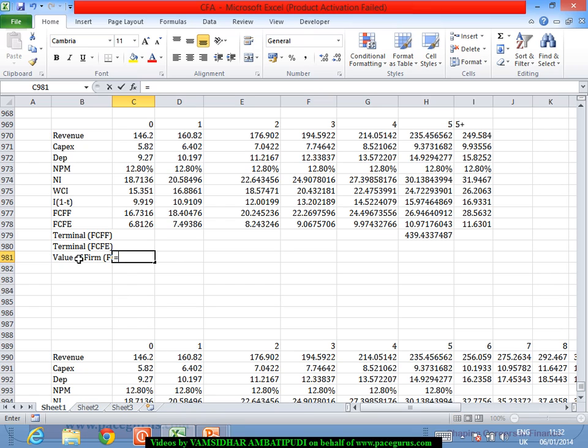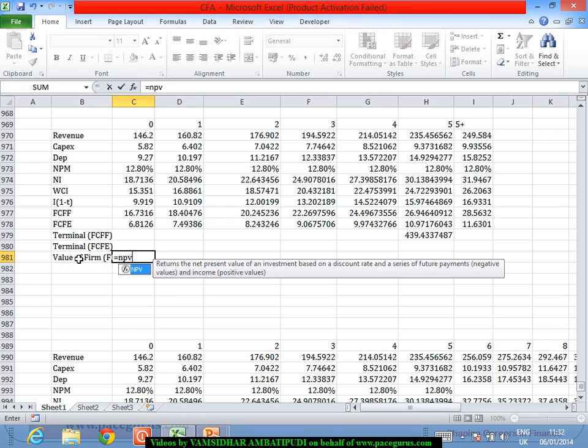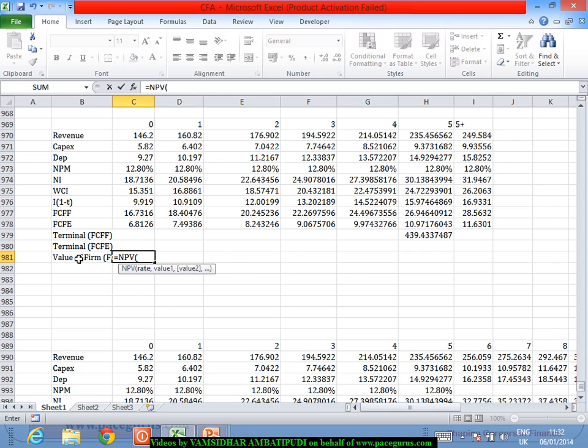So probably let me take these 5 cash flows using the NPV approach. NPV, for these 5 years my WACC is 15%. So I will say NPV at the rate of 15%, and these are my 5 cash flows. I am discounting them to the present value. So this is one part of the value of the firm.